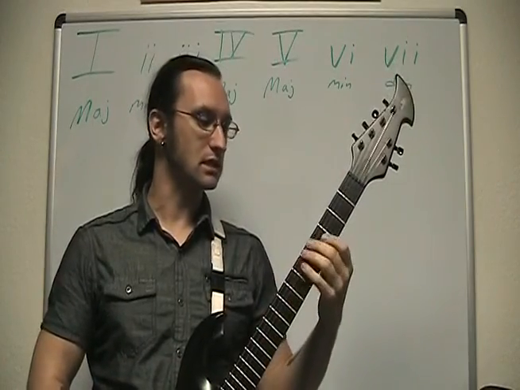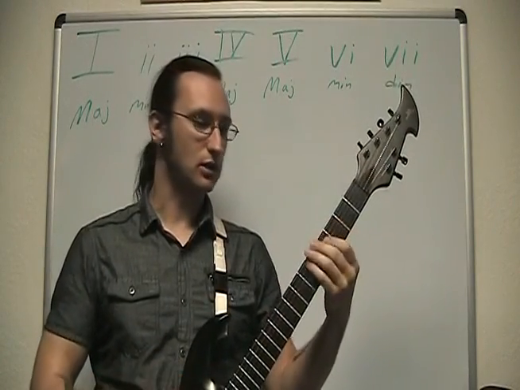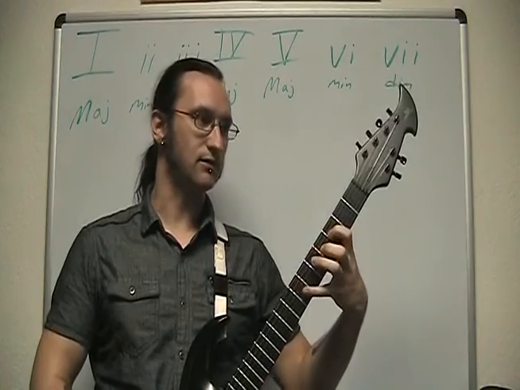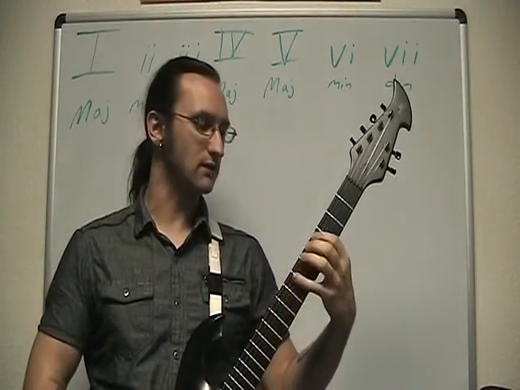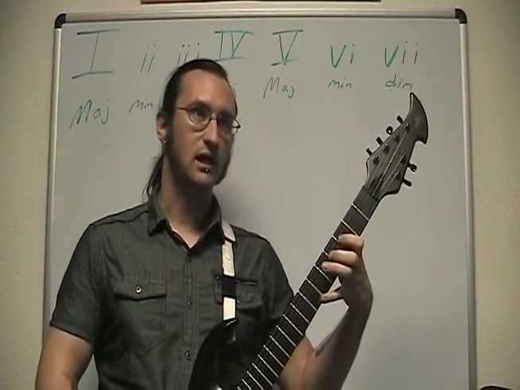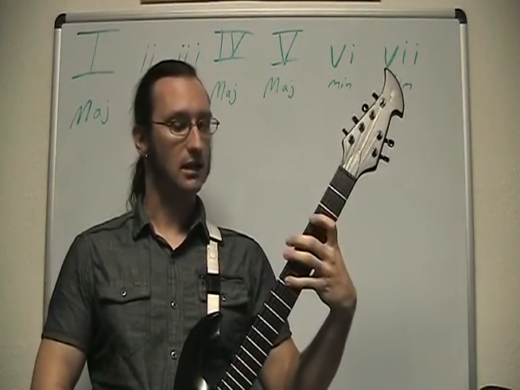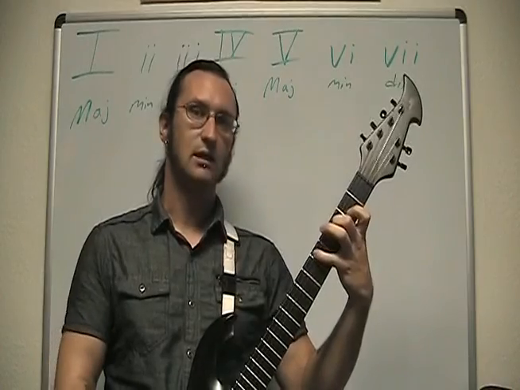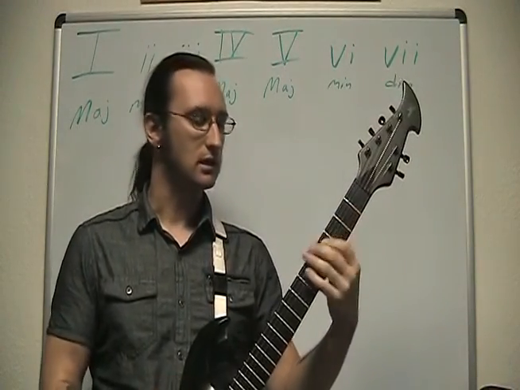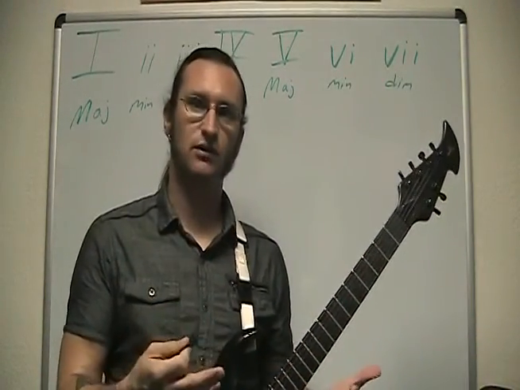If you start on D and skip every other note, you have D, skip E to F, skip G to A, you have D, F, A, which gives you a D minor chord. And then this process continues, just skipping every other note.